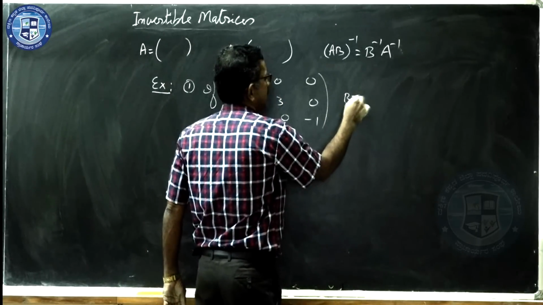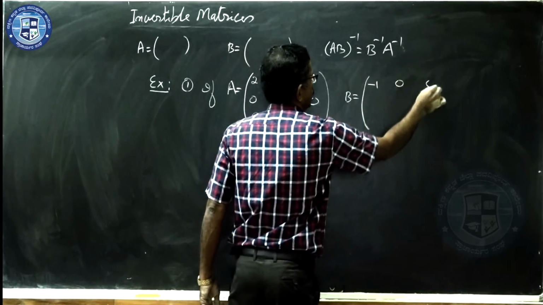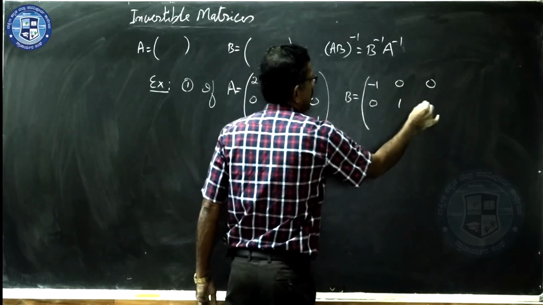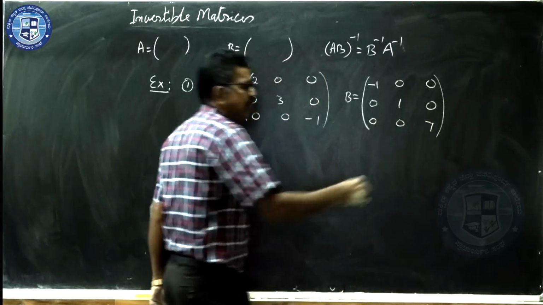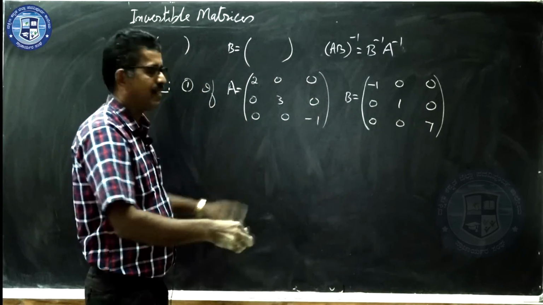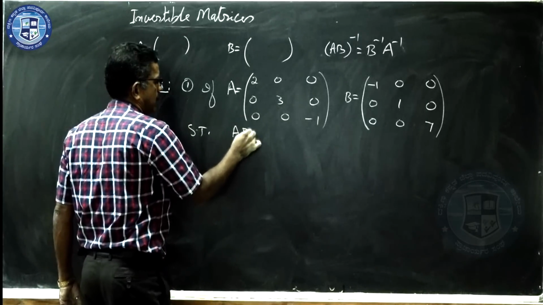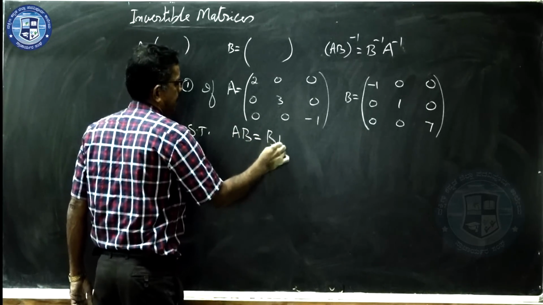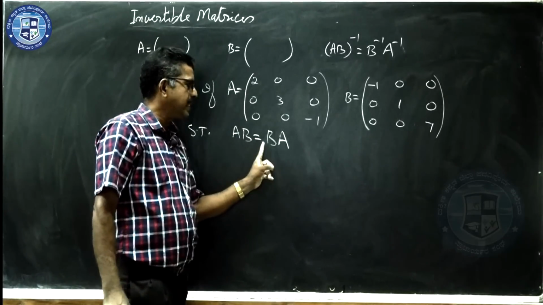Let me take another diagonal matrix B: minus 1, 0, 0, 0, 1, 0, 0, 0, 7. For these matrices, show that AB is equal to BA.